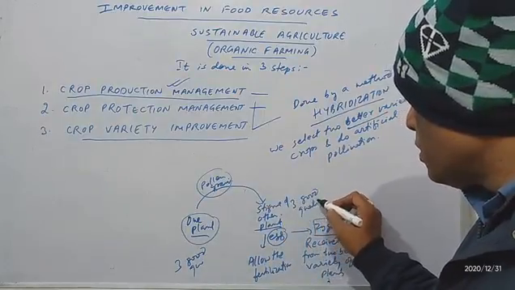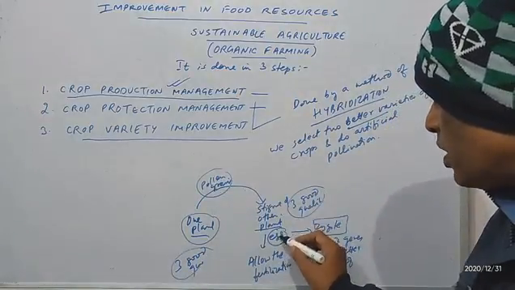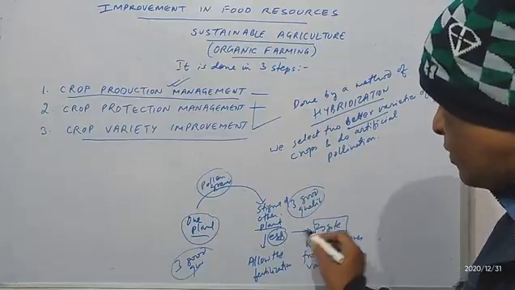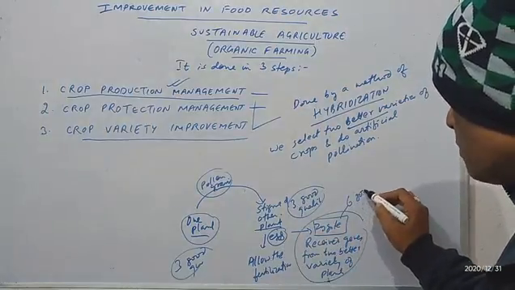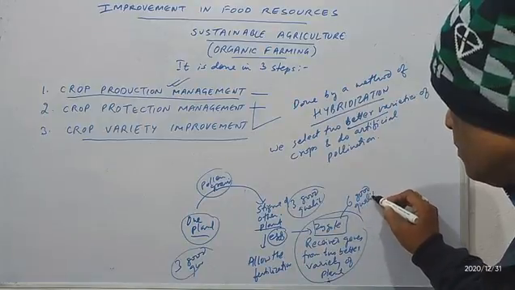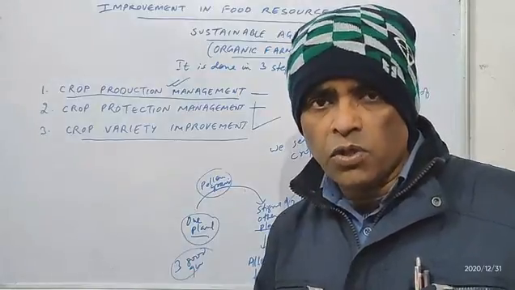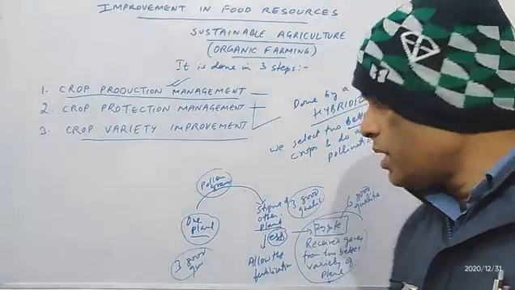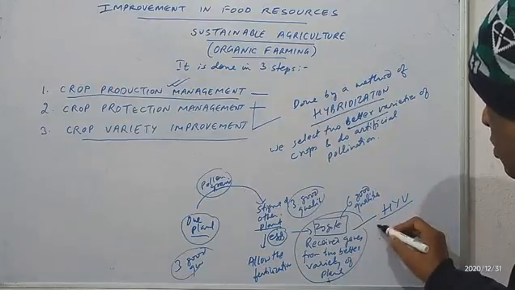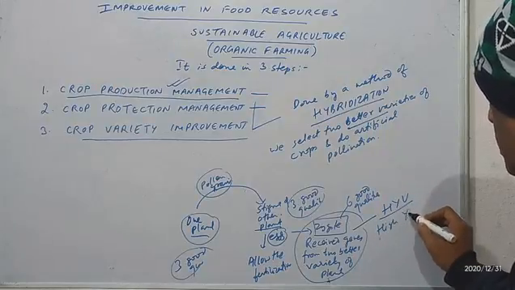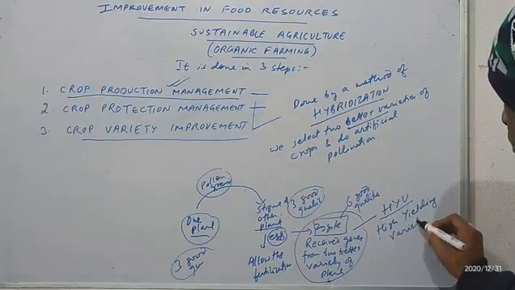So when the genes of pollen grains and the genes of the egg fertilize, in this new zygote we have got these six good qualities together, because the genes mix together and the qualities are produced in the next generation. Such a group of plants is called HYV, or high yielding variety of crops.